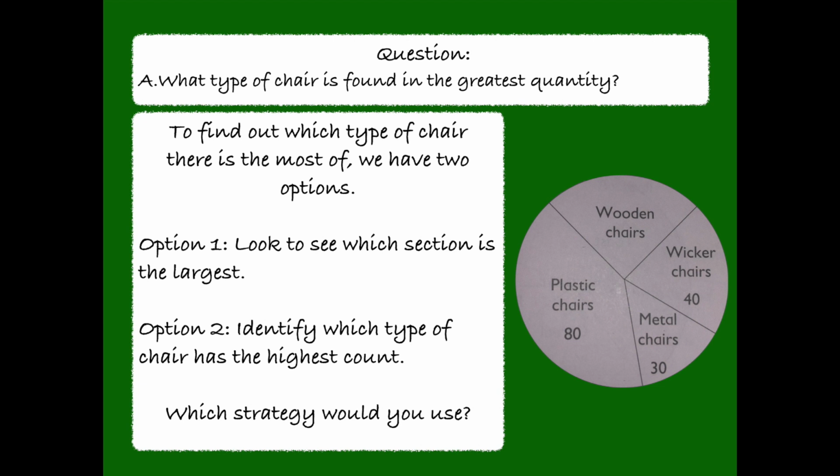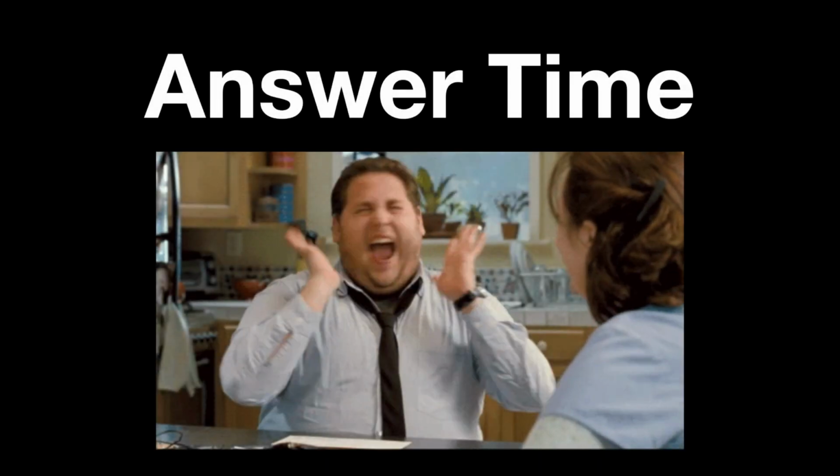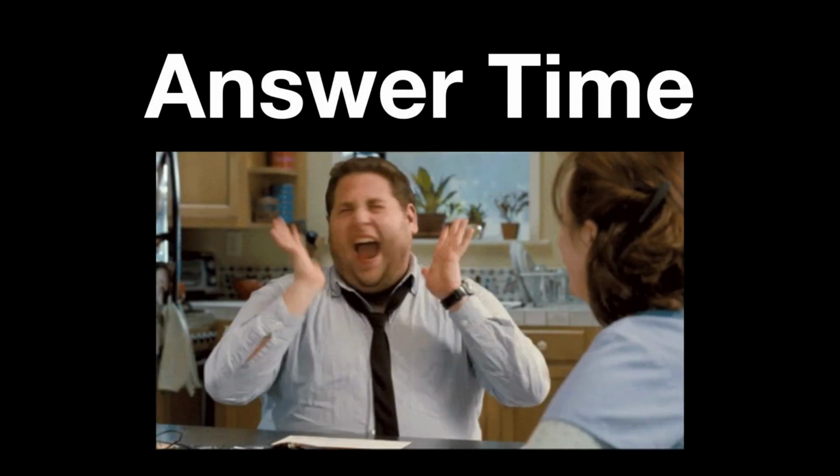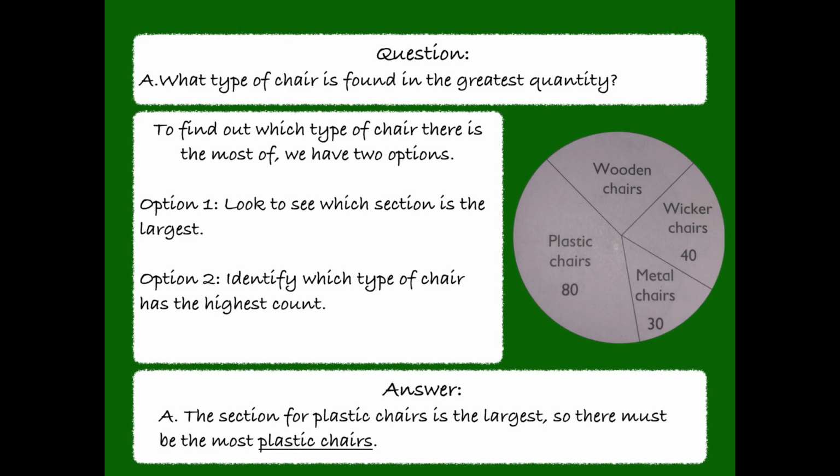That's why I would personally choose option 1 because we already have the information needed to use this strategy. Go ahead and find the answer to this question. The section for plastic chairs is the largest, so there must be the most plastic chairs.